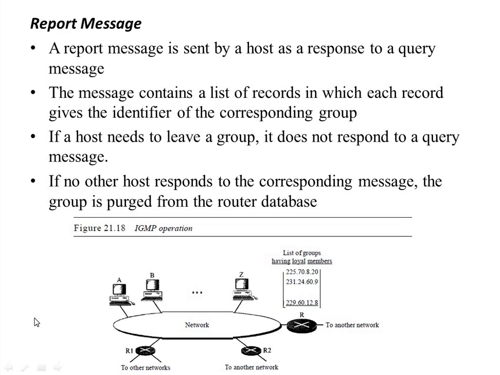Similarly, whenever a host wants to leave a particular group, it does not respond to the query message and it sends the leave report to the router to which it is connected. The router will take note of that, and after that the host will come out of that group, and the router will delete its entry from its list of loyal member groups.